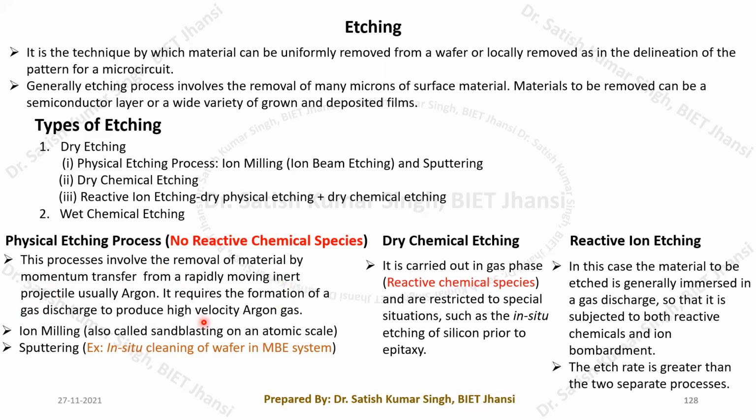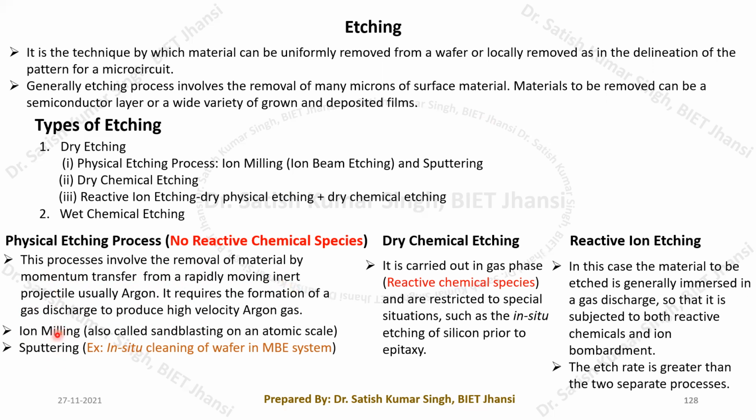As I said, there are two different techniques: one is called ion beam etching or ion milling, and the other is known as the sputtering technique, by which we can remove a certain layer from the wafers that we want to etch out.